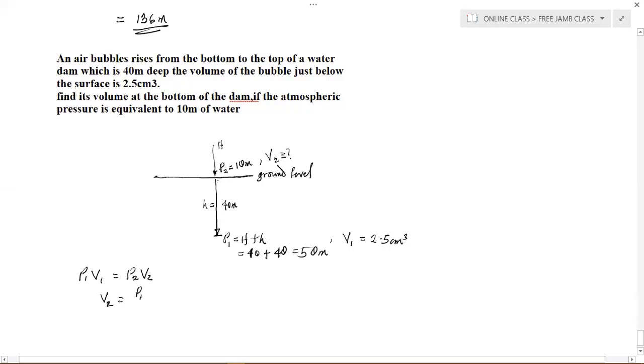That is P1 over P2 times V1. The answer now will give you 50 times 2.5 divided by 10. This cancels this. So our final answer is 12.5 cubic centimeter.